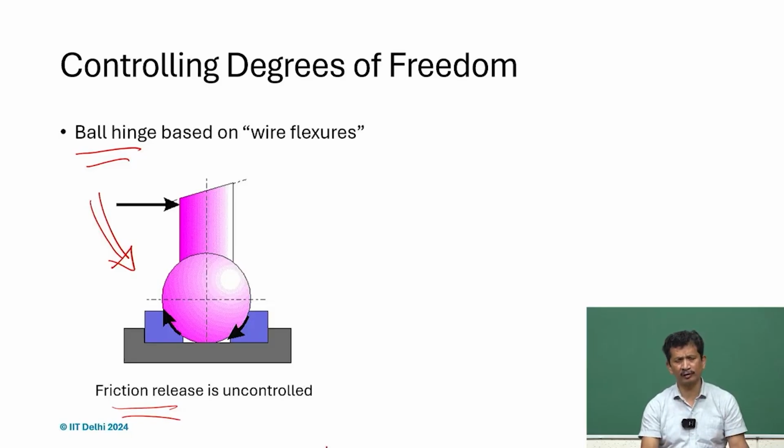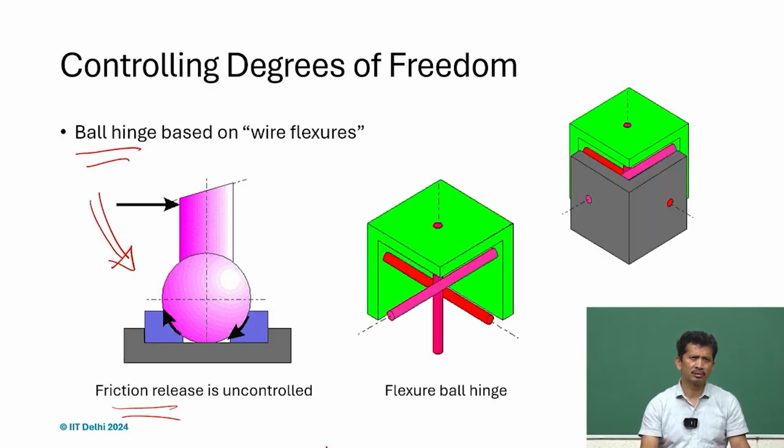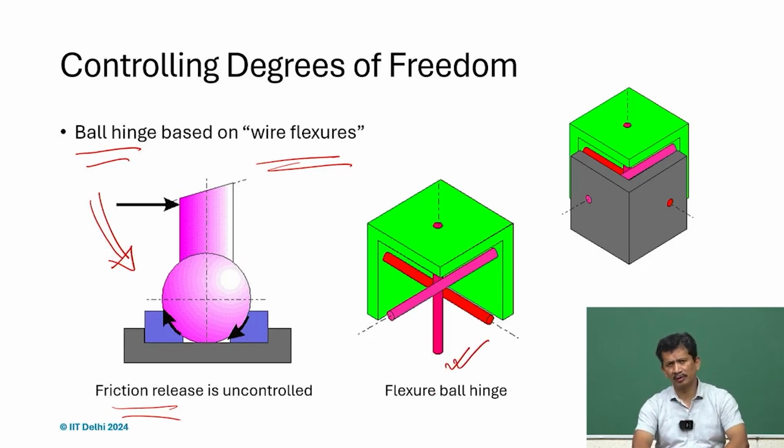Of course, if it's for a small range of motion, we can find an equivalent using wire flexures, with wires or cables in the 3 perpendicular axes. Of course, here it will be a little offset, because they cannot cross each other, otherwise the properties will change. So, they have to pass side by side.